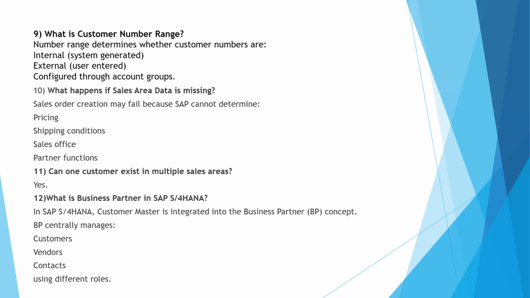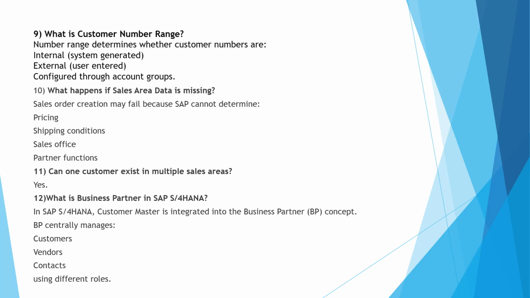Can one customer exist in multiple sales areas? Yes, we can create more sales areas for one customer. What is the business partner in S/4HANA? In S/4HANA, the customer master is integrated into the business partner (BP) concept.